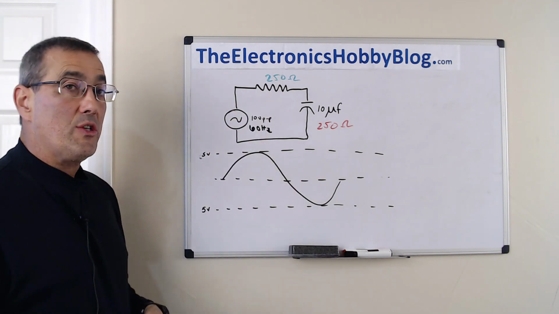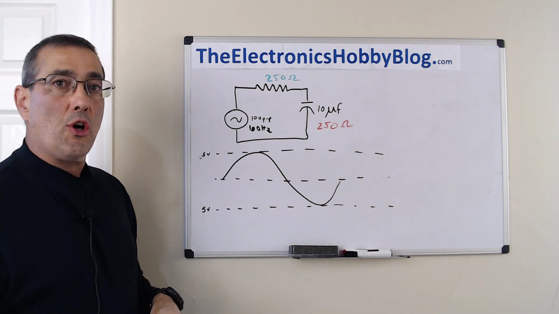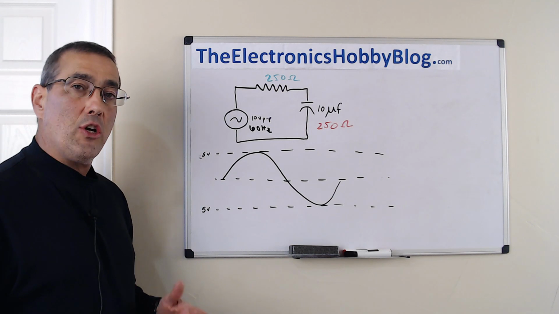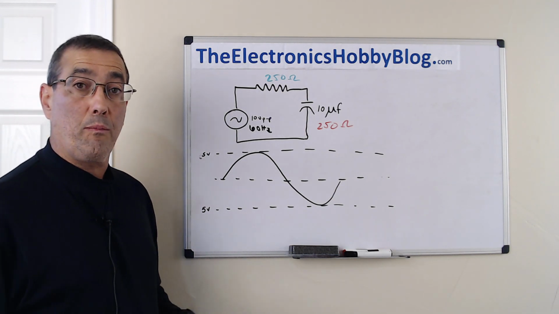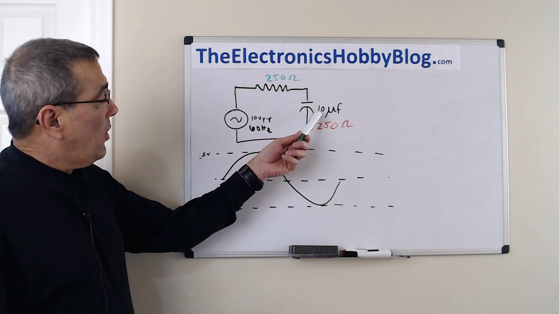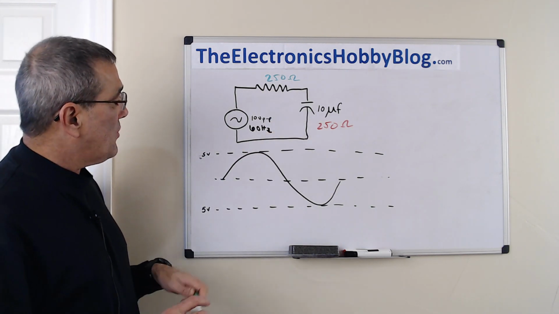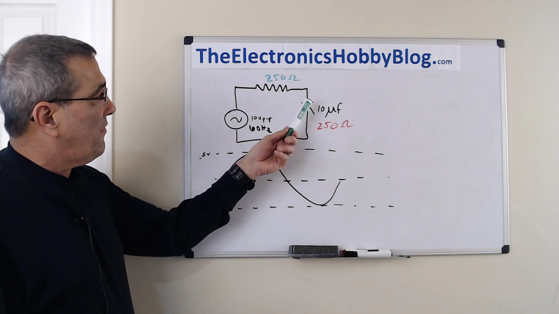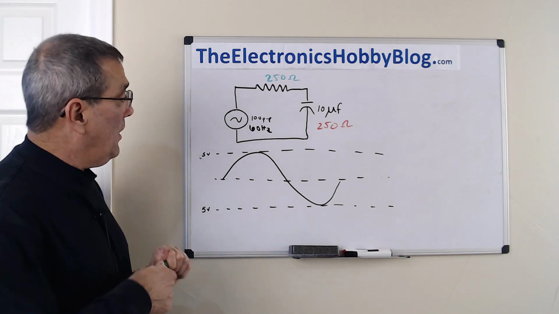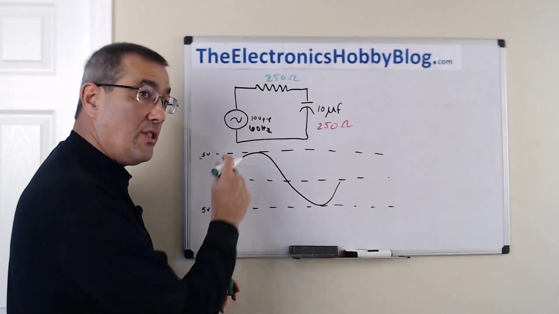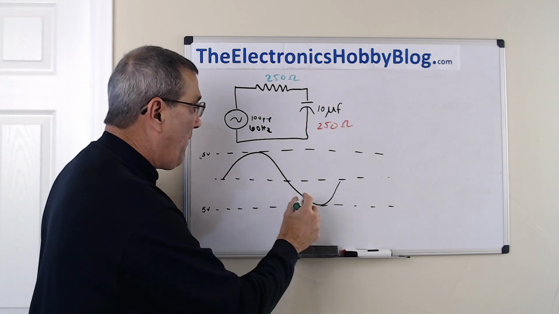The voltage across a resistor can change instantaneously, but remember, capacitors charge and discharge according to tau, if you recall our previous lesson. So it takes time for the capacitor to charge, and so it won't start charging to full value instantaneously. The resistor will.